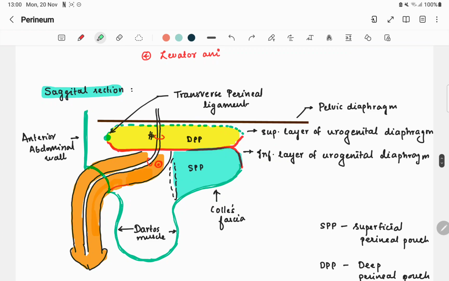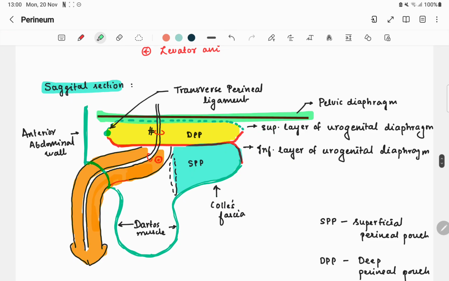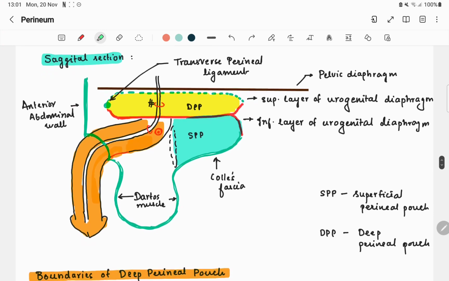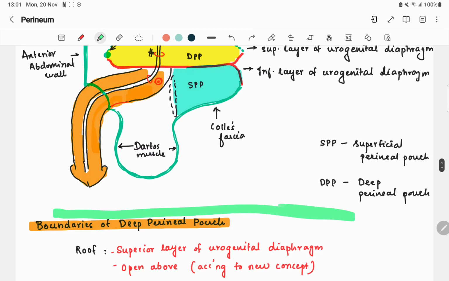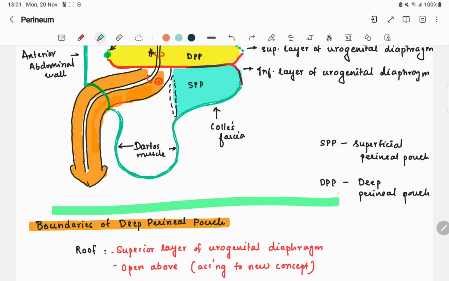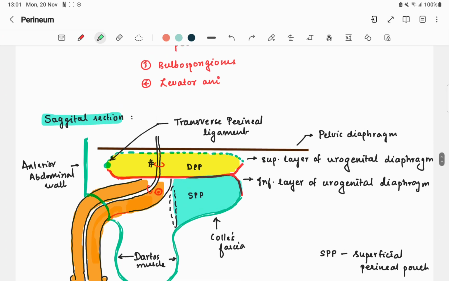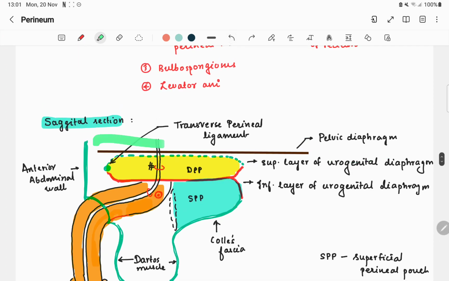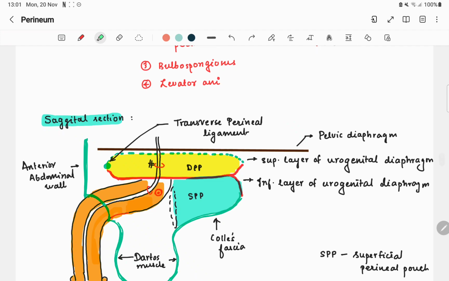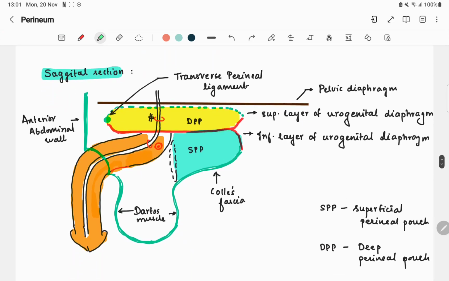Okay, talking about the sagittal section, here your pelvic diaphragm will be present over here. Okay, and the lower part will be bounded by the anal fascia. So this is a pelvic diaphragm, bounded by the pelvic fascia, and anal fascia in the lower part.